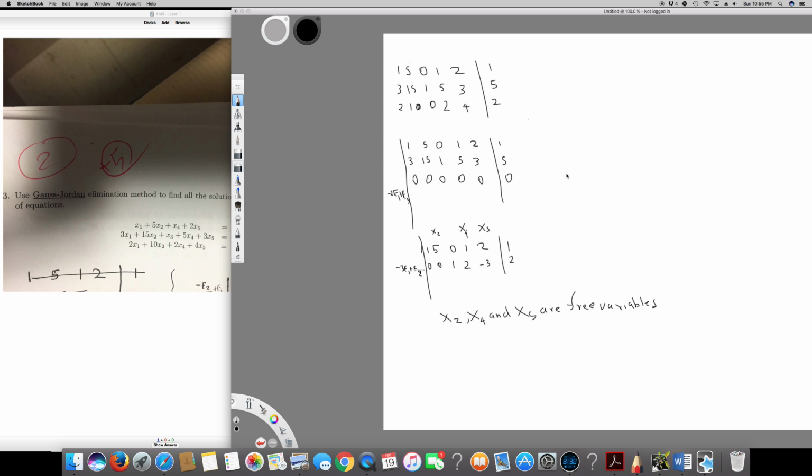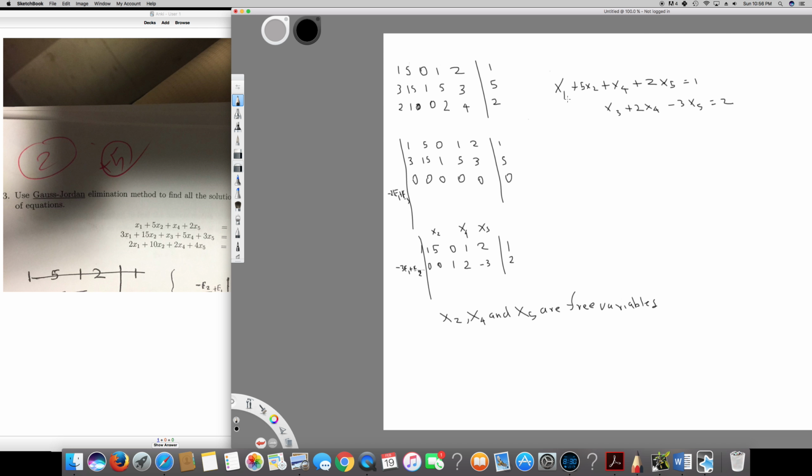So let's solve for this one. Let's write the equations first. The first equation I can write as x1 plus 5x2, and x3 is 0, x4 is 1, so x4 plus 2x5 equal to 1, and the second equation is going to be x3 plus 2x4 minus 3x5 is equal to 2.